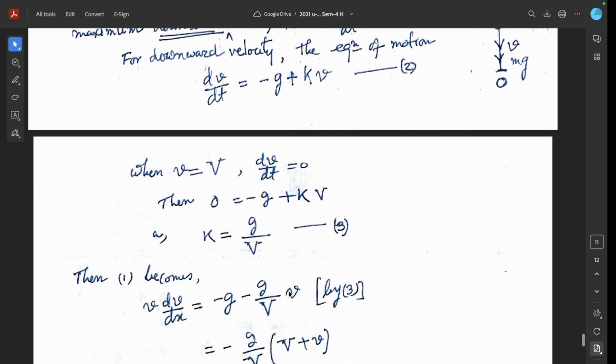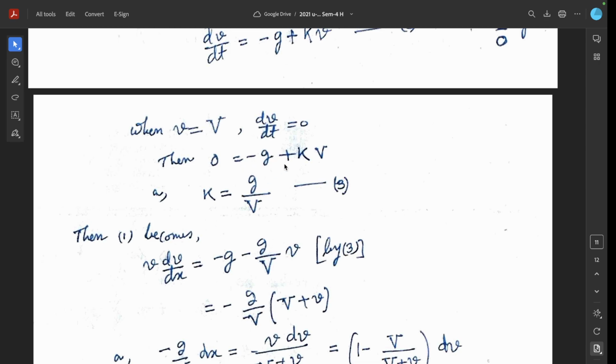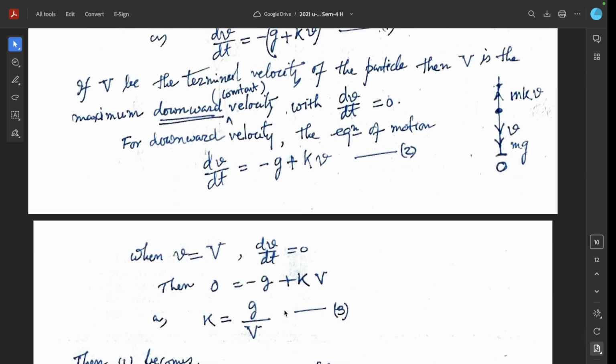Then equation 1 becomes, putting this value of k, equation 1 is this. I put the value of k from this.